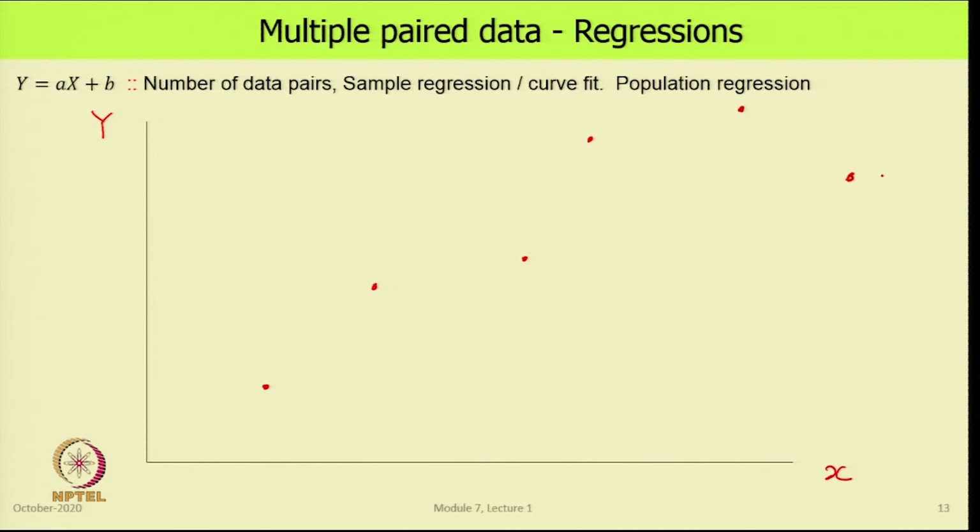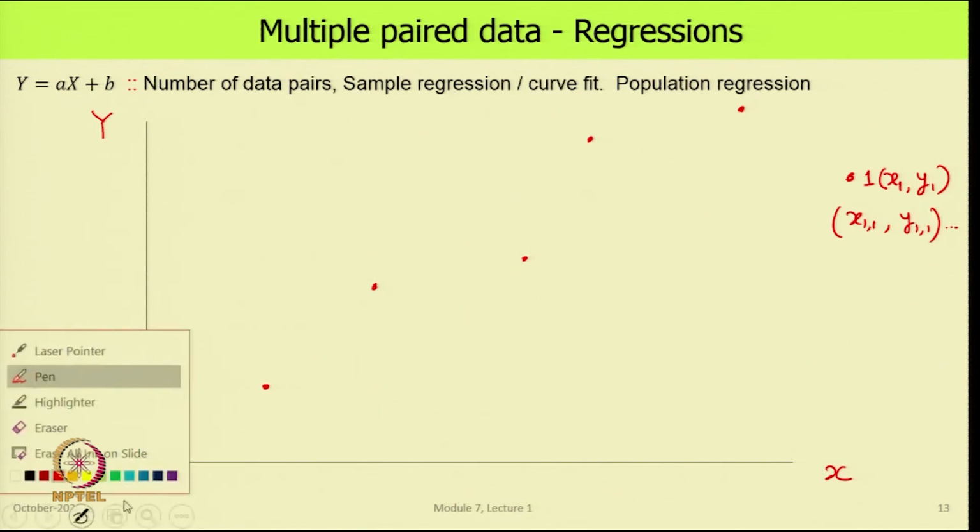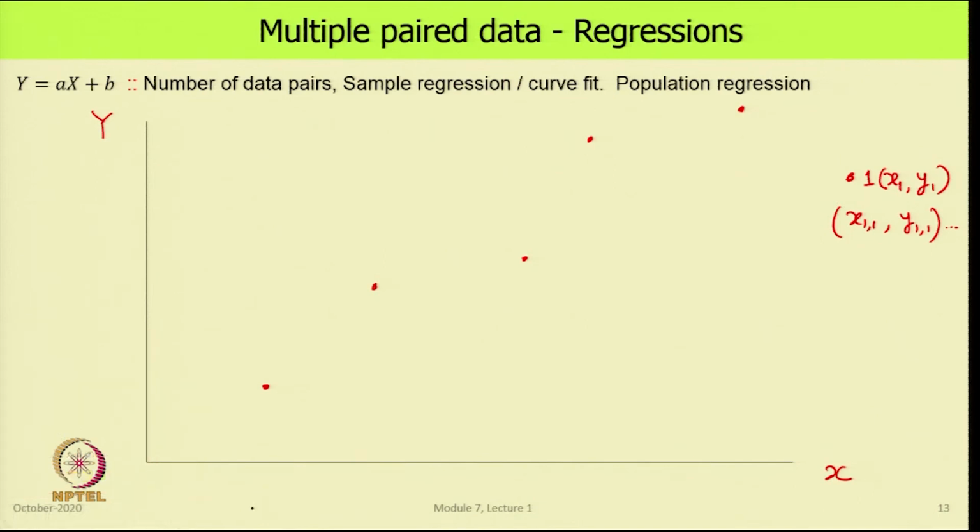So, this symbol, this is data set number 1, which gives us x1 y1 pairs, which for each point will actually end up being x1,1 y1,1. So, that is this point, x1,2 y1,2 would be this point, and like that. Then I did an experiment a second time, or somebody else did the experiment a second time, and we will plot their values.